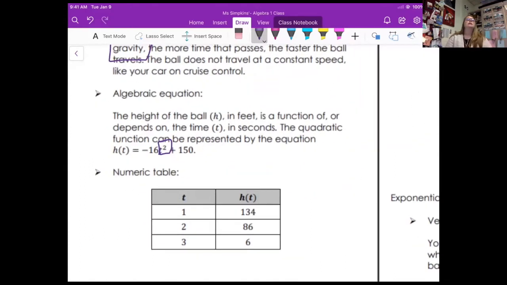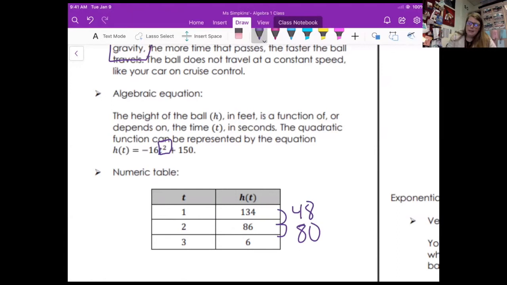A table is a little bit more difficult to tell, but just for your knowledge right this moment, know that if the difference is not the same, so the difference between 134 and 86 is 48, and the difference between 86 and 6 is 80, because those are not the same, you just need to assume that it is going to be quadratic. There is a mathematical way to tell a table, but that's not something you need to know right this moment.